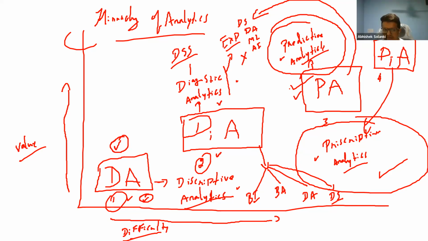Similarly, if I speak about a hotel, like ITC hotels, the analytics used in a hotel is also different. So business analytics is purely a domain-oriented job. A business analyst is a person who is really good with business.